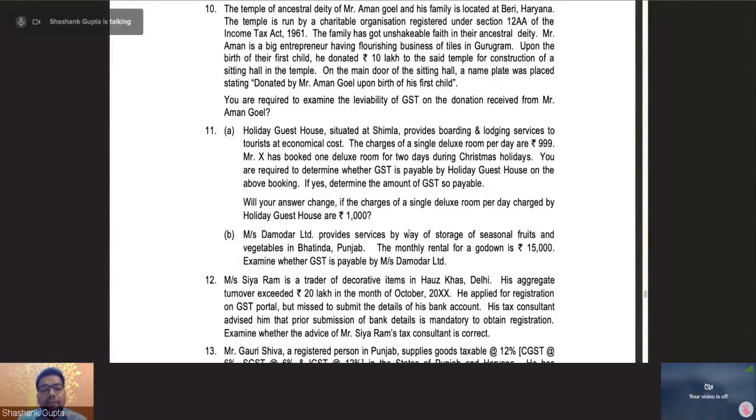Holiday guest house. So here, again they are asking about exemptions. If any room is let out, the value of which is up to 1000 rupees per day, then that is exempt from GST and no GST is liable to be paid. So in this background, let us study this question.